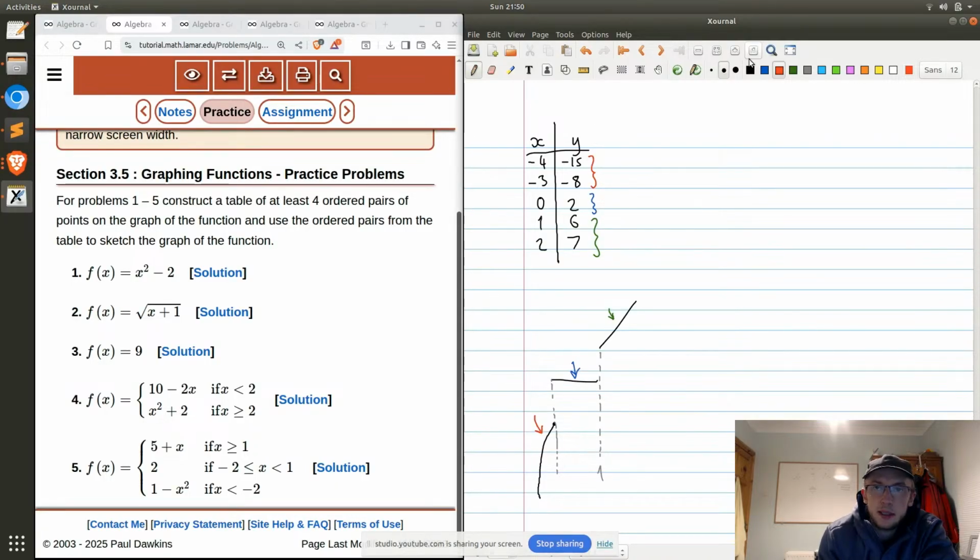Now we consider the outputs. They range from -15 all the way up to 7. So now we go to GeoGebra and try to cut out an appropriate portion.